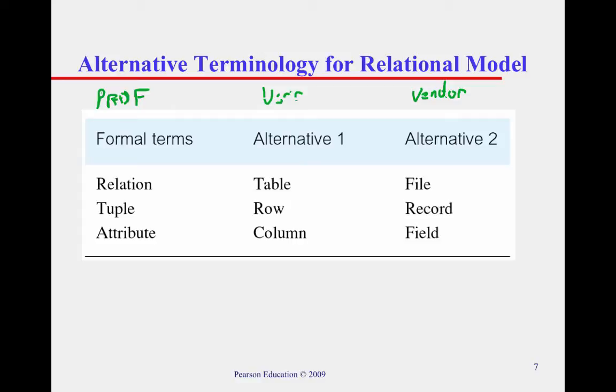And finally, the professor will say attribute, the user will say column, the vendor will say it's a field in the record. Most of you are probably most familiar with the vendor terminology because in 140 and 302, we tend to talk about files, records, and fields.